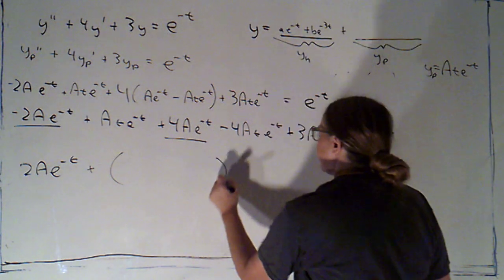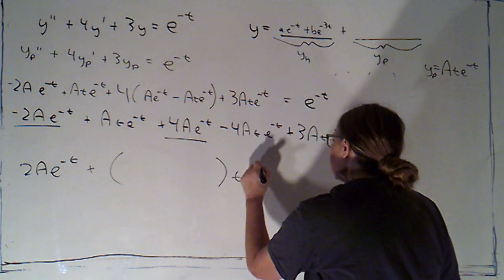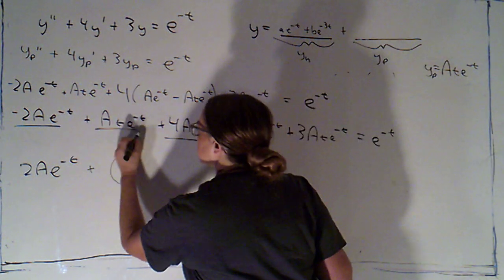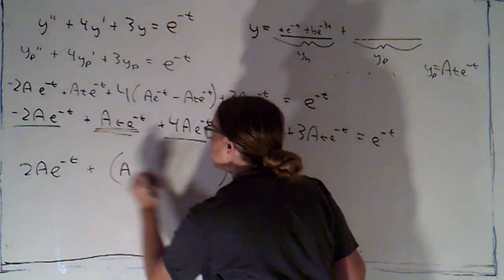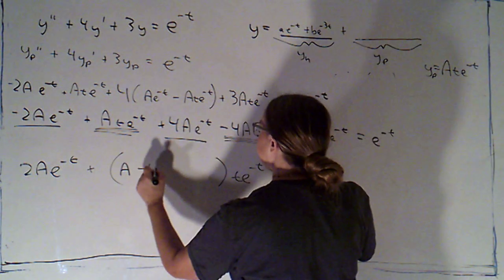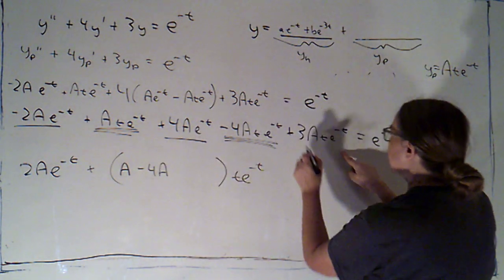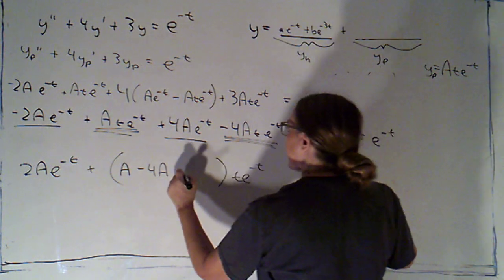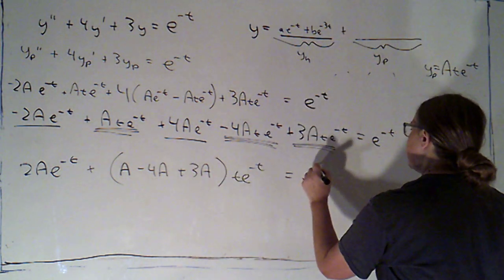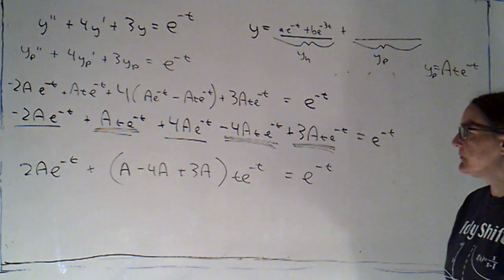Plus, I'm going to have some number of t e to the negative t's. Here I've got a of those. Here I've got negative 4a of those. And here I've got 3a of those. And all of this has to equal e to the negative t.